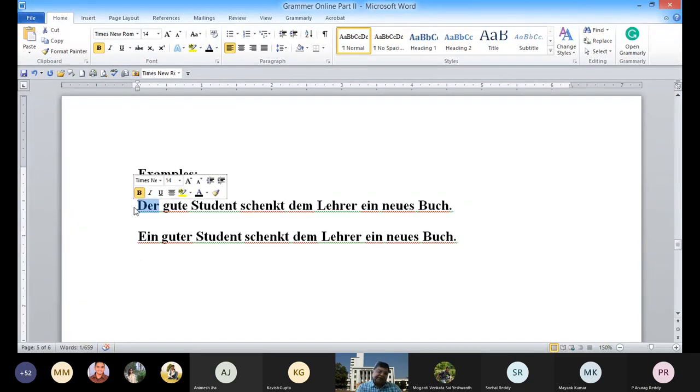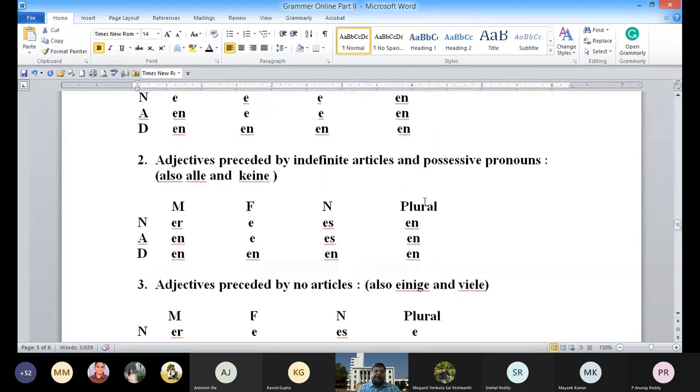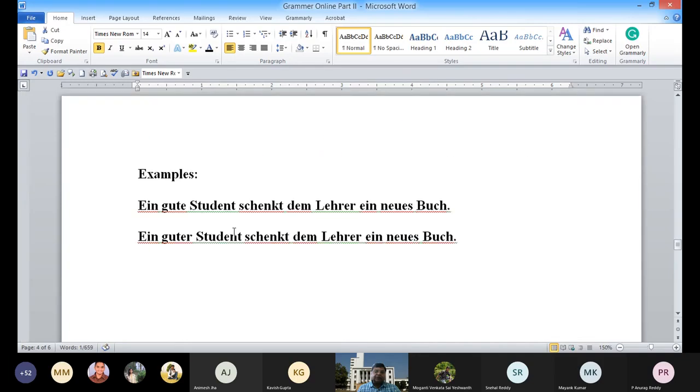Suppose I am using ein here. Then in this case, ein gute Student is not correct. Why? Because ein is an indefinite article and we have to select something from here. So if you select from here, you can find that in the nominative masculine the ending is er. So I have to write the er ending. So now it will be ein guter Student. This is the way these adjective endings are changing.